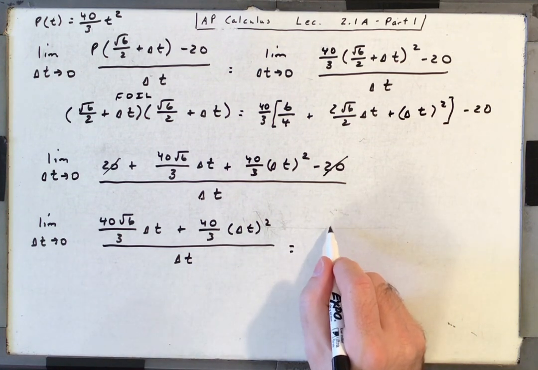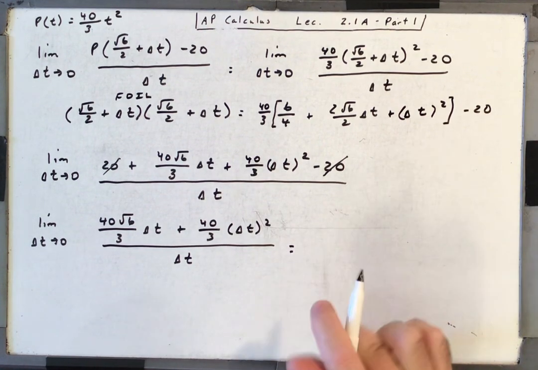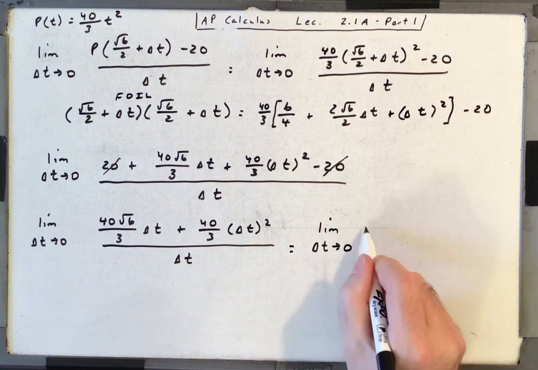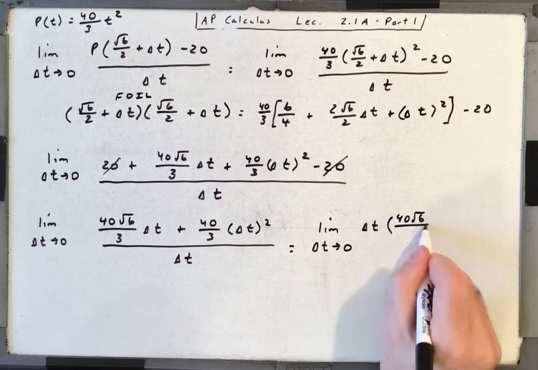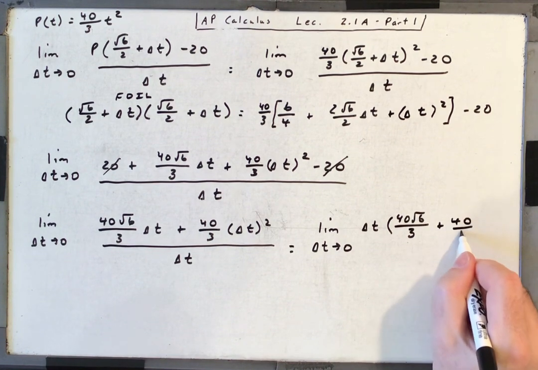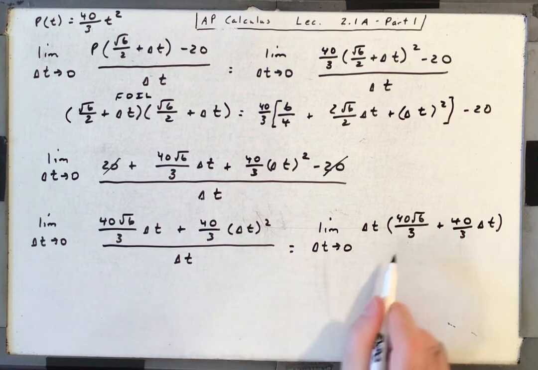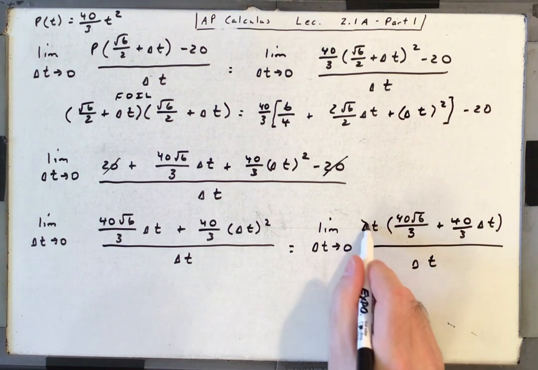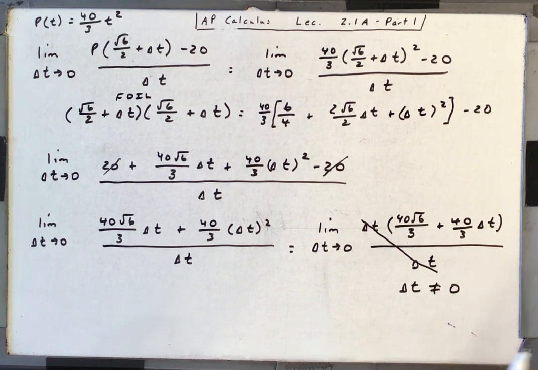So if we factor out a delta t, as delta t approaches 0, we'd have delta t times 40 root 6 over 3 plus 40 over 3 delta t. Because I factor a delta t out of this delta t squared, there still leaves a delta t over delta t. We can cancel that out as long as delta t does not equal 0.